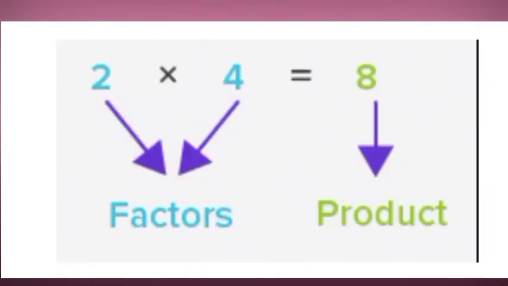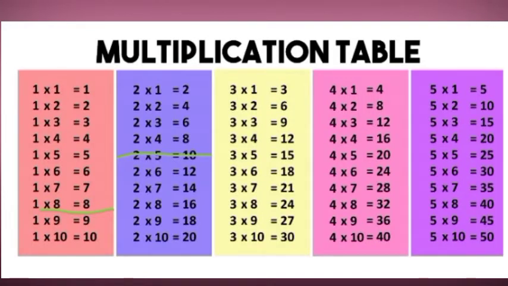Already we know that this is the multiplication fact. Here each number is called a factor, and this is called the product or multiple. We know that division is used to distribute things equally.